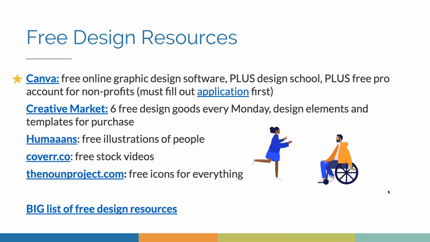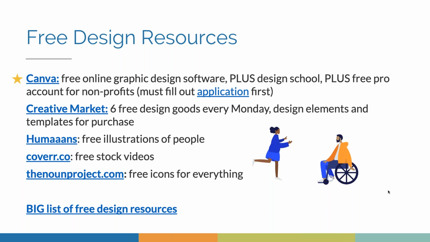We use the Noun Project quite a bit here at TAASA. I try to use icons and illustrations and not images of people all the time, because as you all may know, if you Google search human trafficking for images in a stock photo site, you're going to get a bunch of really triggering, sad, depressing images that we're trying to not share out and trigger and traumatize people when they're interacting with our materials.